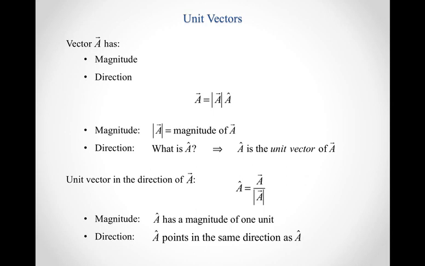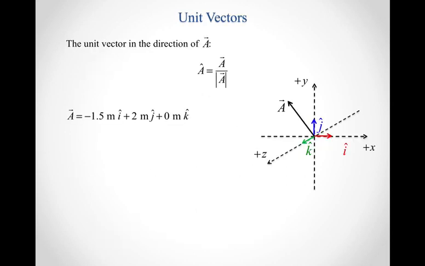So how do I build this unit vector A hat? Well, let's look at our example, the same vector we were talking about before: negative 1.5 meters I hat plus 2 meters J hat plus 0 meters K hat.